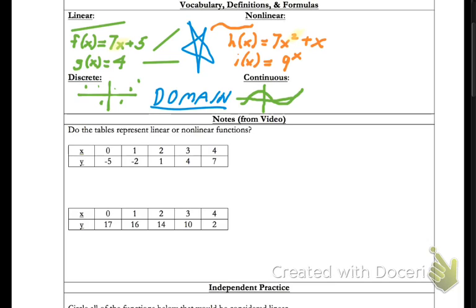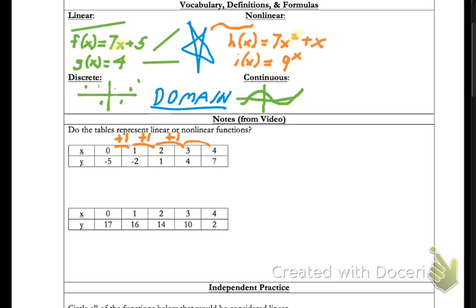So next I want to show you how we can tell by looking at a table of values, a domain, the x, and the range for y, if our table represents something that's linear or nonlinear. Well, linear functions have to have some kind of pattern. And so look at the numbers between x. From 0 to 1, we're going up by 1. From 1 to 2, also up by 1.